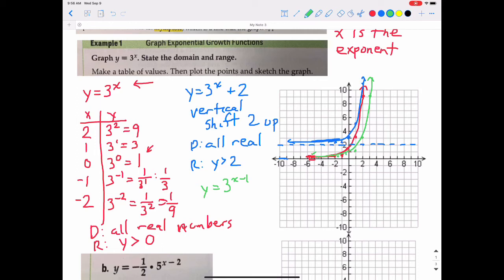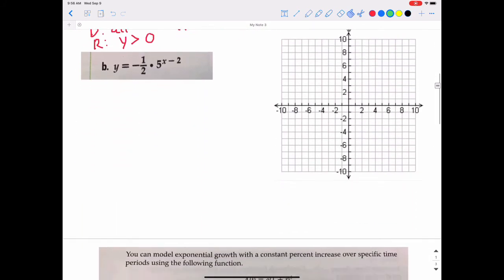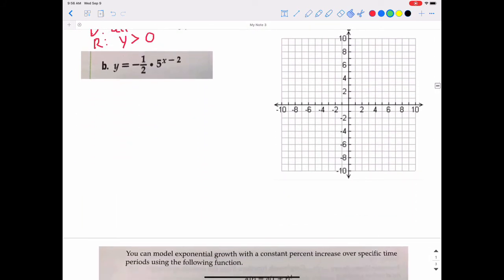So the granddaddy of them all is going to be a problem like this. And this is going to be what your full process would look like as you're doing an assignment. So you're supposed to graph y equals -1/2 times 5 to the x minus 2 power. So we start with that by doing a t-chart, but we're only going to do a t-chart with everything that does not include the shift.